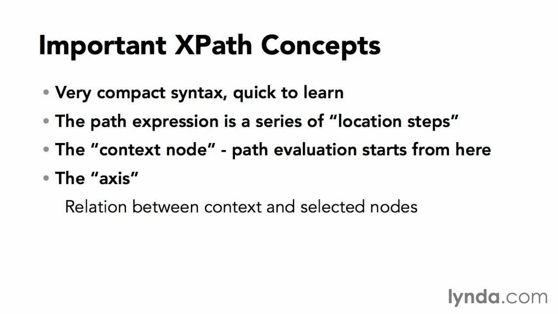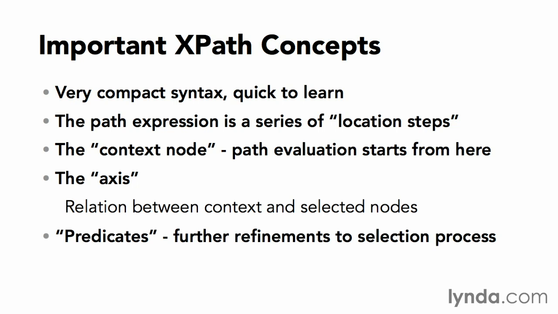So you start at the context node, you end up at the selected nodes, and that path is called the axis. There are also what we call predicates, and I showed an example in the previous slide when I put that little bracket with a 1 on the paragraph tag to narrow down my selection. Predicates are further refinements to the selection process. You can think of them almost as a kind of filtering method.